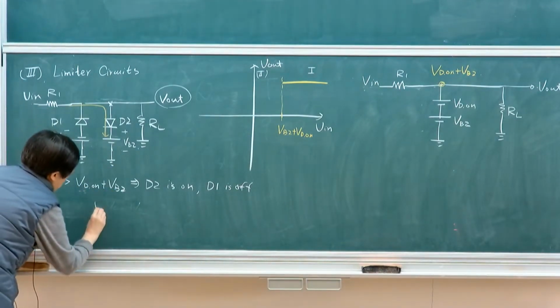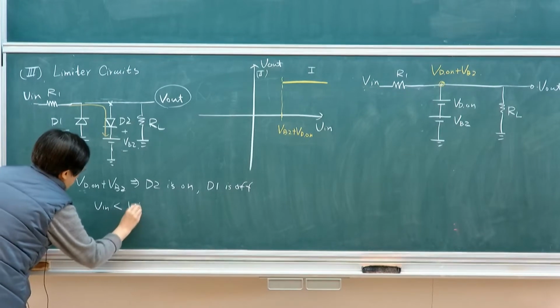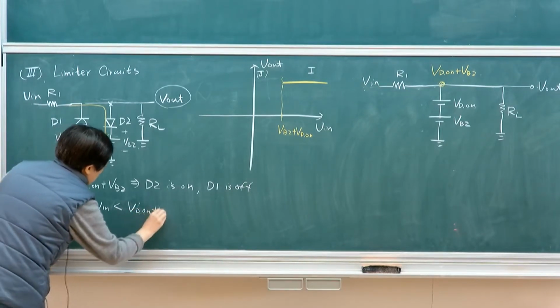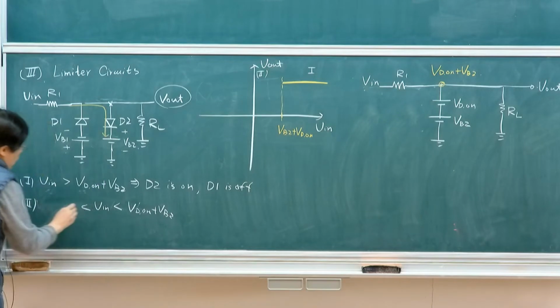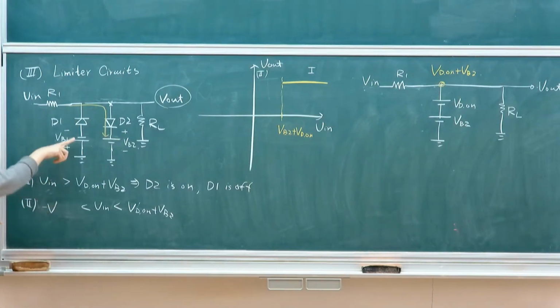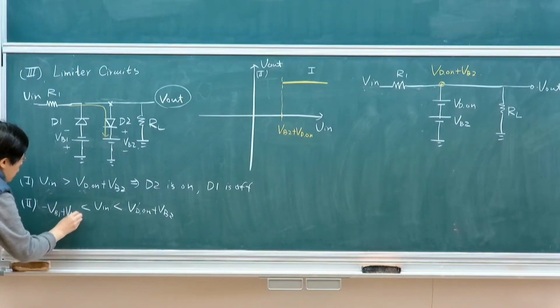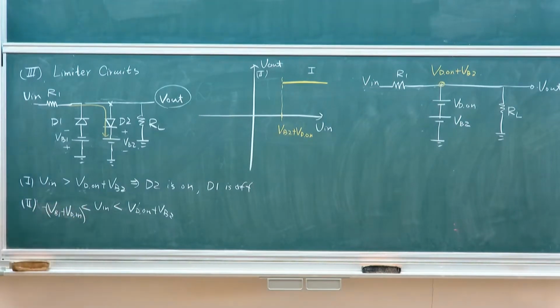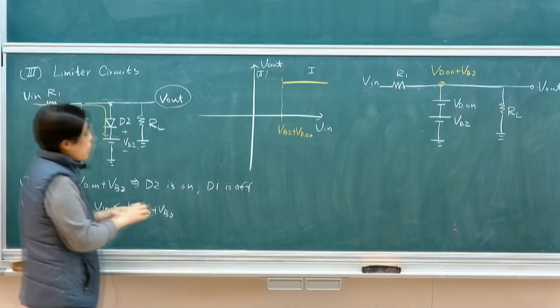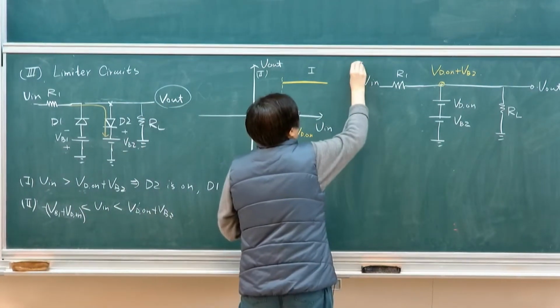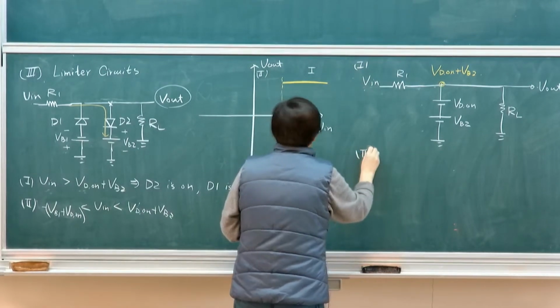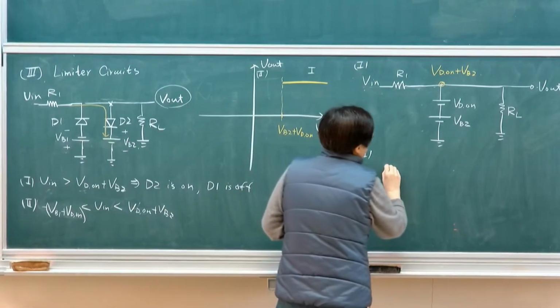So when V in is smaller than the upper limit and higher than the lower limit, the lower limit to turn on is VB1 plus VD on in a negative sense. Okay? So if it's within our typical dead zone, if both branches don't turn on, the equivalent circuit would then look something like this.